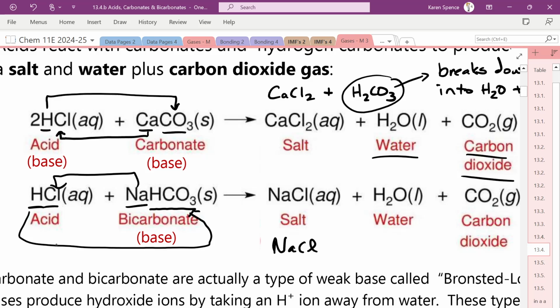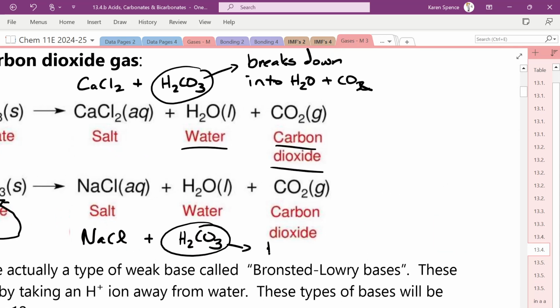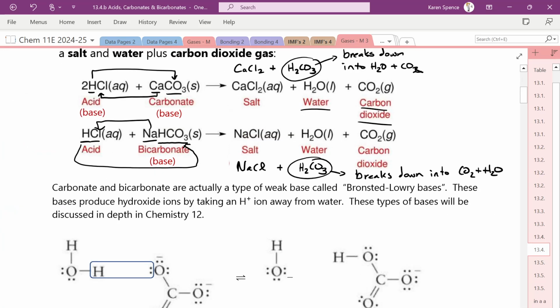And then we have an H plus, HCO3 minus, so that's again going to be H2CO3. And what does H2CO3 do? Breaks down into carbon dioxide plus water. So there we are. Done. Easy, yes? Okay, so it's just that one extra step.